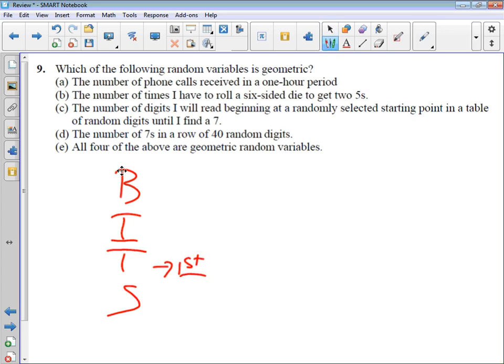So A is the number of phone calls, no. B is the number of times to get 2 5s. No, it's not till the first success. The number of 7s in a row, nope. The number of digits I will read at a randomly starting point in a table of random digits until I find a 7. How far do I have to go until I hit a success?